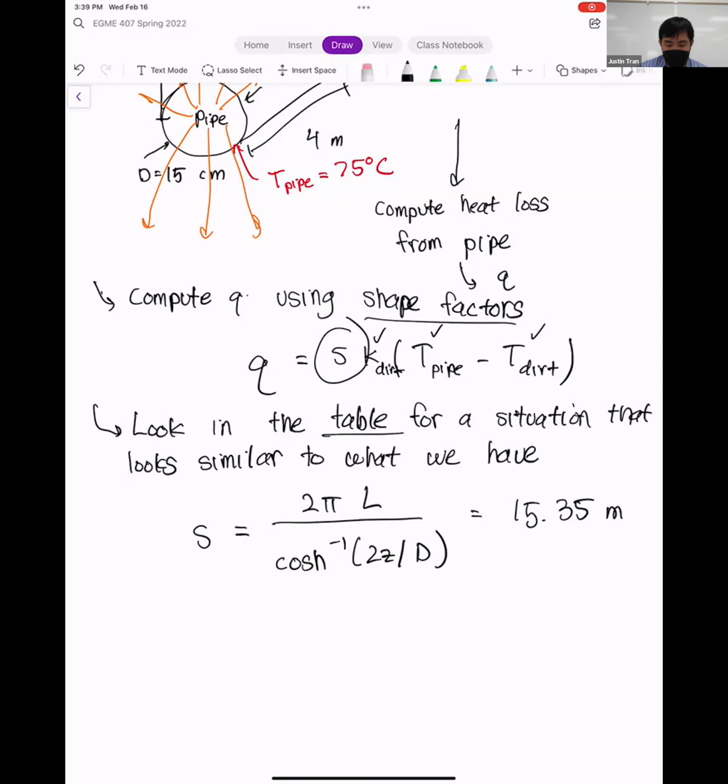Now that we have the shape factor, we can plug it in here. We know the thermal conductivity. We know the temperature difference.